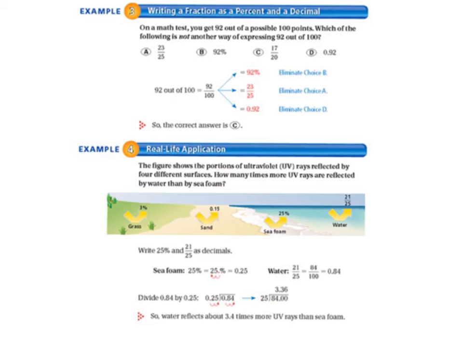So our example is, on a math test, we get 92 out of a possible 100 points. Which of the following is not another way of expressing 92 out of 100?